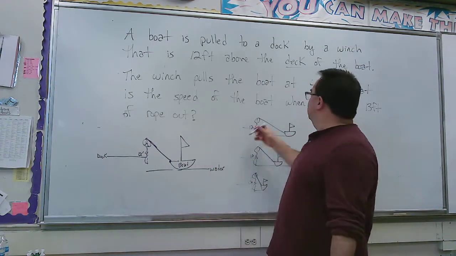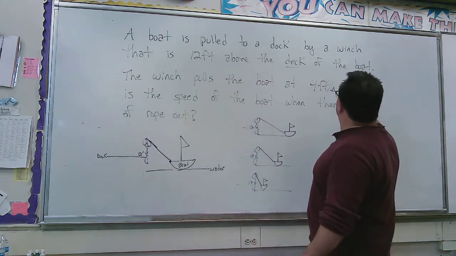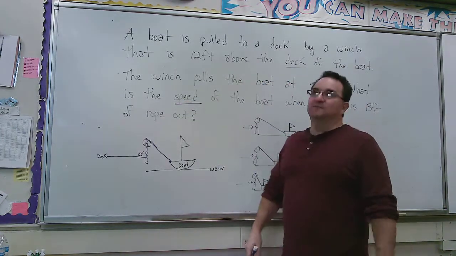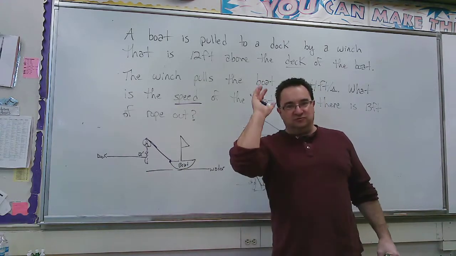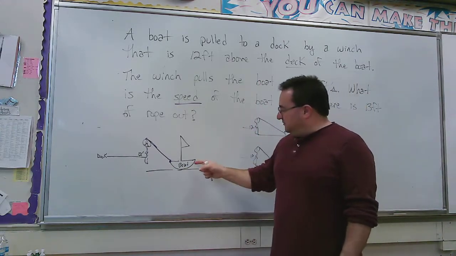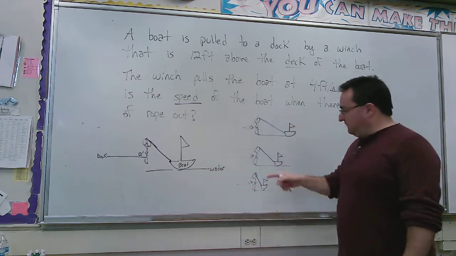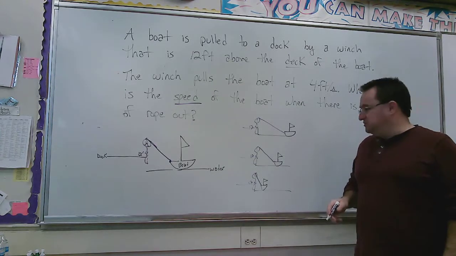This is all about changing. The speed is a rate of change. Everything we're doing in this whole unit on related rates is about changes, rates of change. So you cannot look at a picture like that because nothing's changing. You have to look at the picture like this because things are changing.